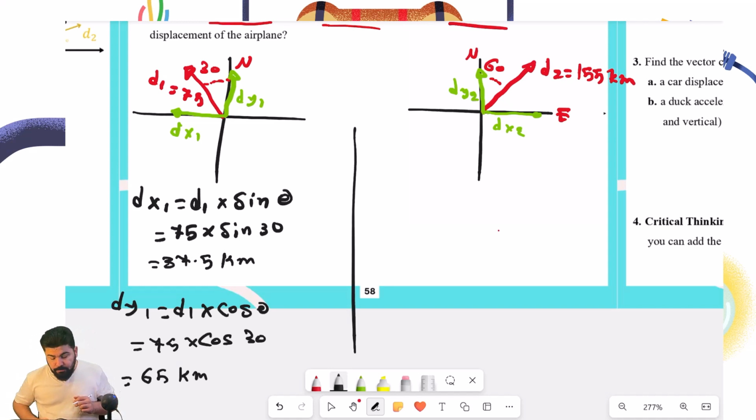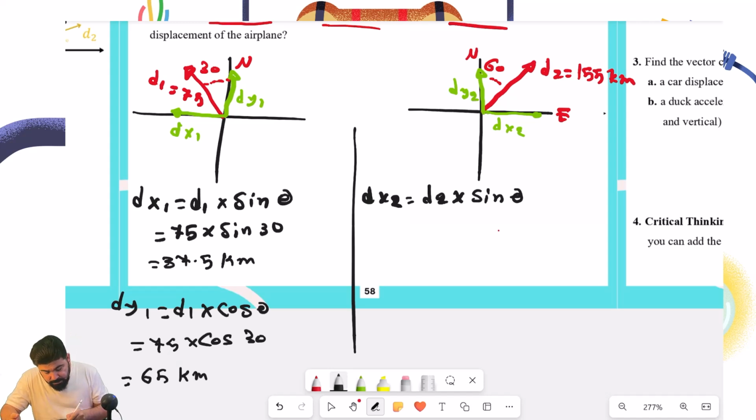We found dx1. So let's go to the second vector. dx2 is equal to d2 multiplied by sine theta. Why d2? Why sine theta, guys? Because the angle again is made with the y component.